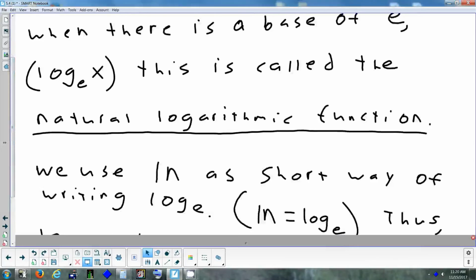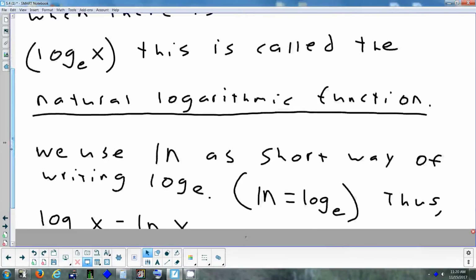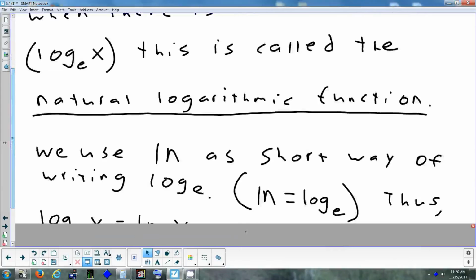Where does LN come from? Natural logarithm. So why isn't it NL? I don't know. It's LN. So anywhere that you have a log base e, you're going to see it written this way. Lowercase l, lowercase n. LN.